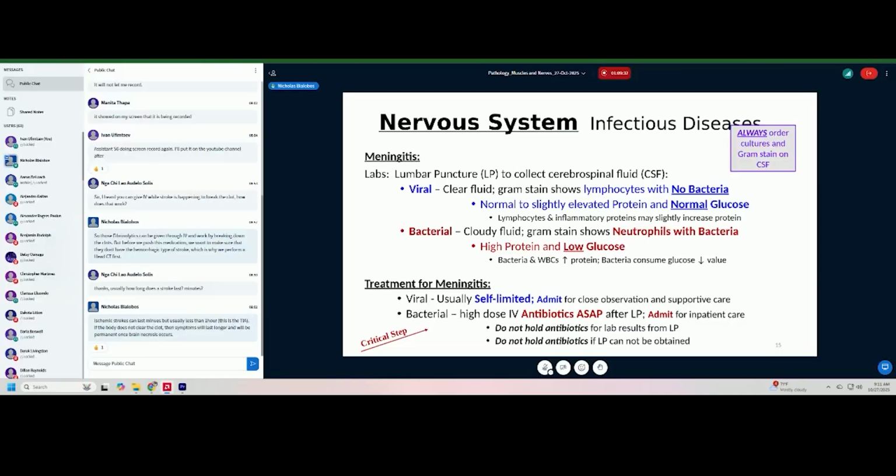Lymphocytes, their main job is to do a number of things, but they help us fight off viral infections. When we pull this CSF, we send it for a gram stain, because we don't know, right? We don't know whether it's bacterial or viral yet. We're going to send it for a gram stain to try to look for bacteria, but there's not going to be any bacteria and the viruses are not going to show up on gram stain because they're too small to be stained.